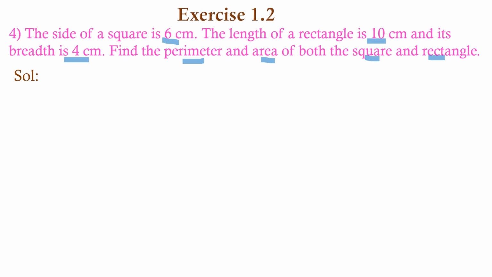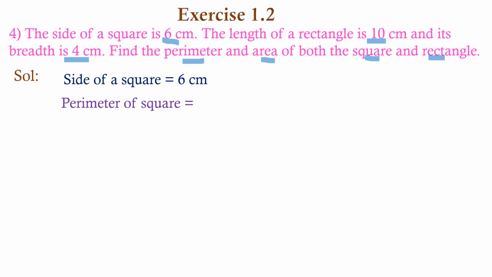Okay. Length of one side of a square equal to 6 cm. Now write down the formula. Perimeter of a square equal to 4 into side. Substitute the value of side in this formula. 4 into 6 cm. 4 6 are 24 cm.